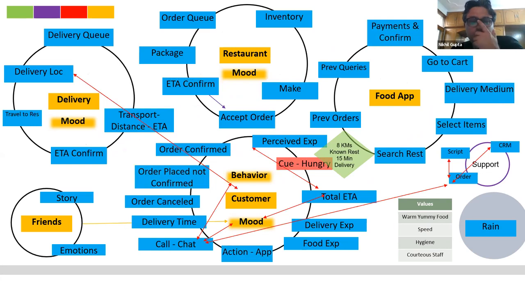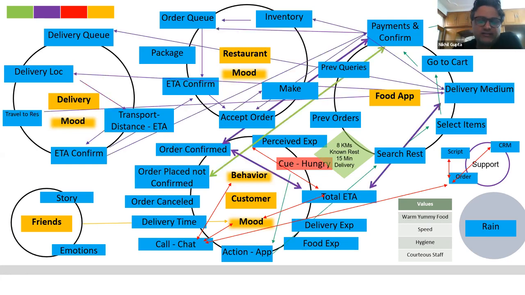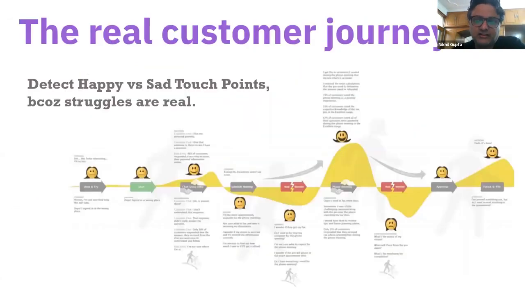So it became that when the person was irritated, there were certain more interactions that happened. He called the contact center. He even phoned the delivery, and delivery said, sir, I'm coming now. And then obviously all of these interactions have certain struggle points in your business.